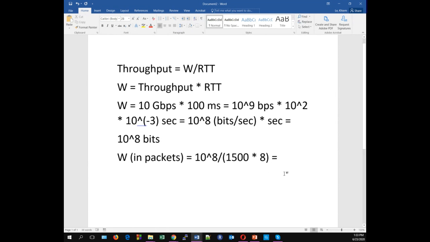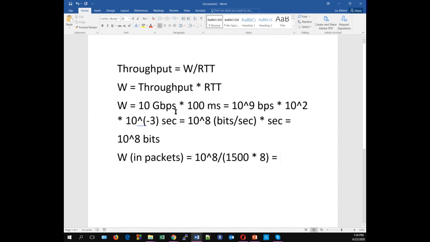And what we get is, okay, I think I may have, no, hold on. This is 10 to the power of 9, 10 to the power of 2 millisecond minus 3, minus 8, so 10 to the power of 8. Is that correct? Did I make a mistake?